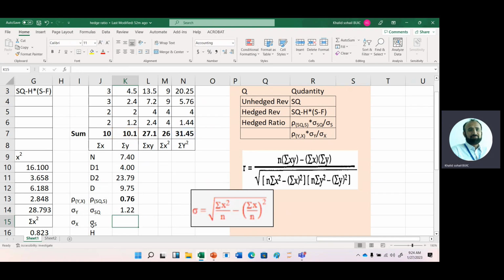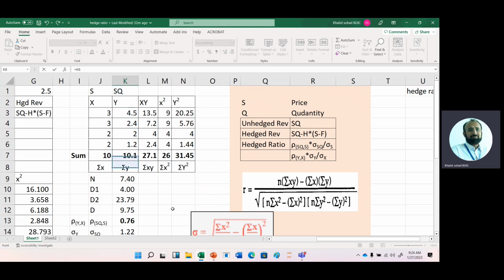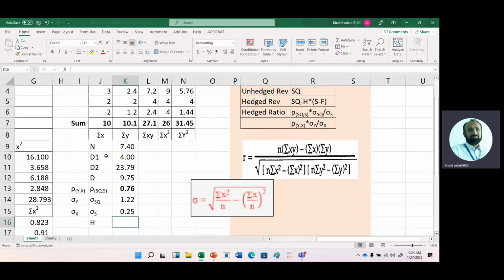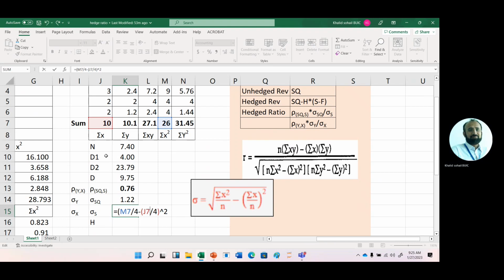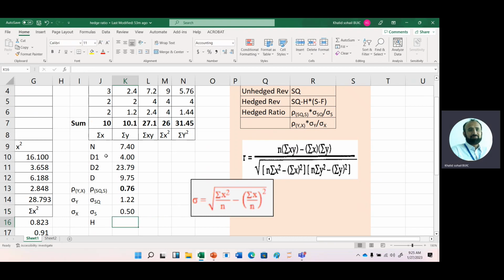Now we will calculate the standard deviation of x. Here I have also mentioned the standard deviation of y. Now standard deviation of x. We will repeat this formula again: summation x square by 4 minus summation x divided by 4 whole square part 2, and then definitely we will take its variance and take its square root, power 0.5.